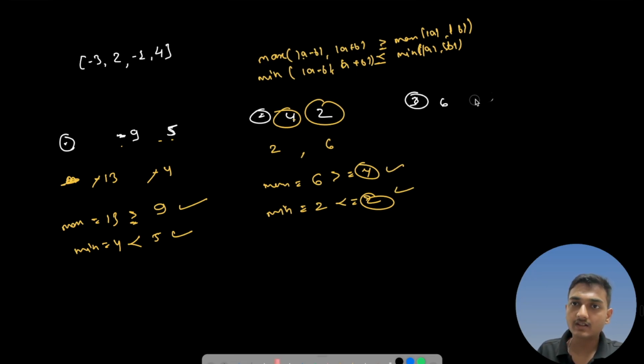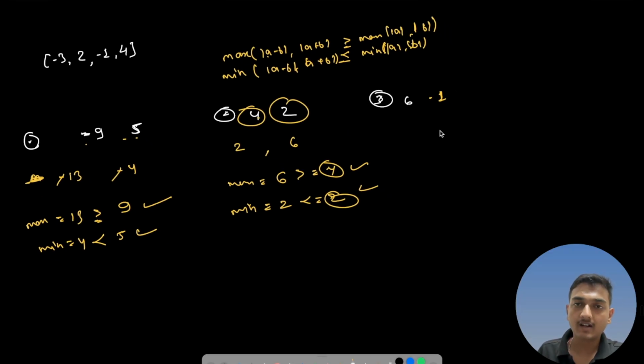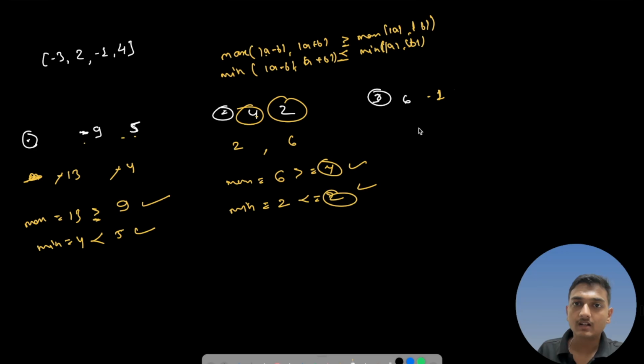Let me try to change this test case. Let's say I take 1 here; a negative 1 will also work. So let me try it out. I will calculate the difference first: 6 minus of minus 1, which becomes 7. Now the sum: 6 plus 1 and 6 plus negative 1, which gives us 5, a positive 5, no issue.